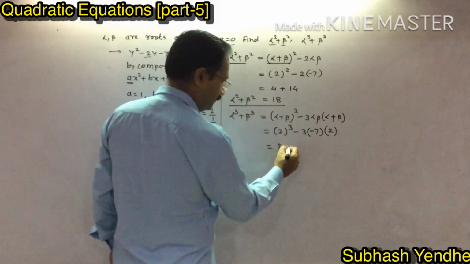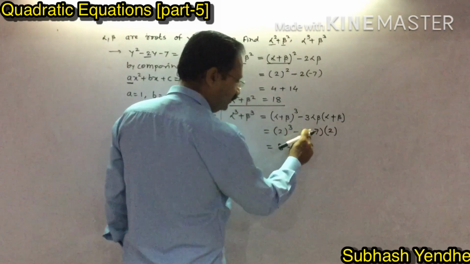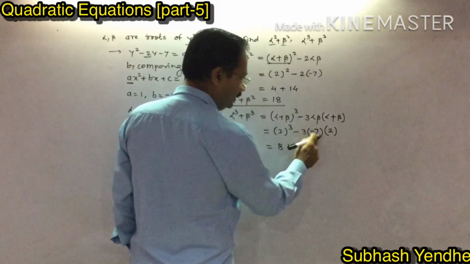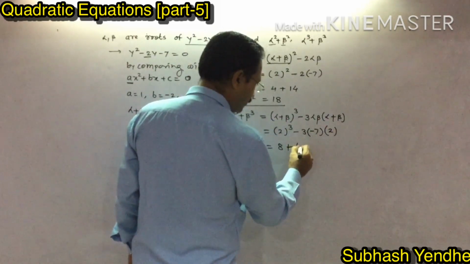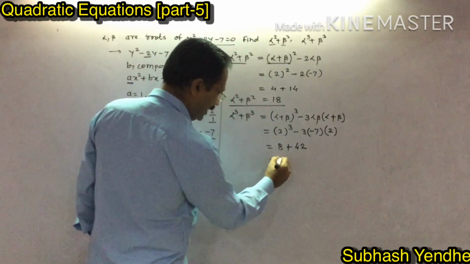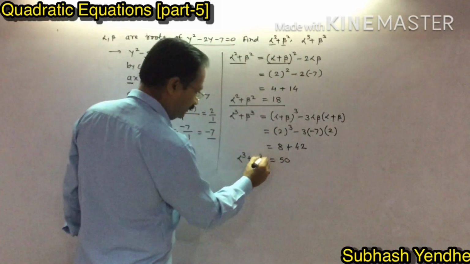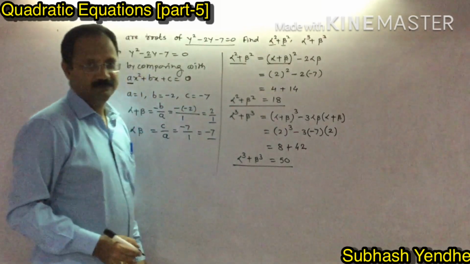So it will be 8. Now, minus into minus plus, 3 into 7, 21. 21 into 2, 42. So now add it, you will get 50. So this is the value of alpha cube plus beta cube.